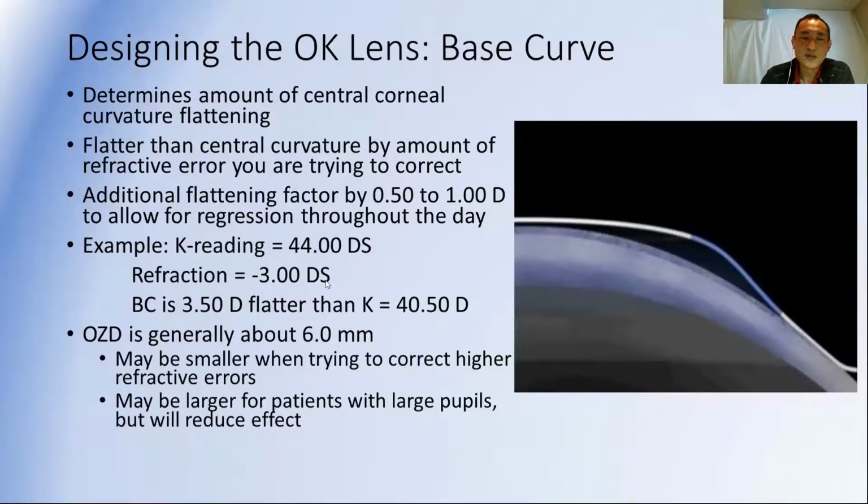So for example, if your patient has a K reading of 44 diopters and a refraction of -3, the base curve is going to be maybe 3.5 diopters flatter than the K reading, so the base curve will be about 40.5 diopters. Again, the optic zone is generally about 6 millimeters in diameter, and that allows you to correct up to about 5 or 6 diopters pretty comfortably and predictably. Okay, so that's the base curve.